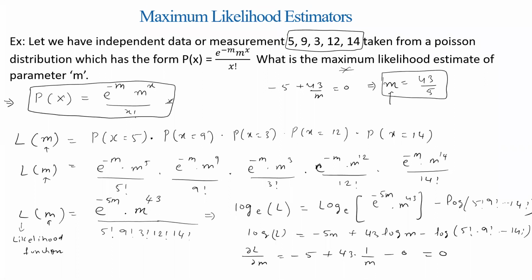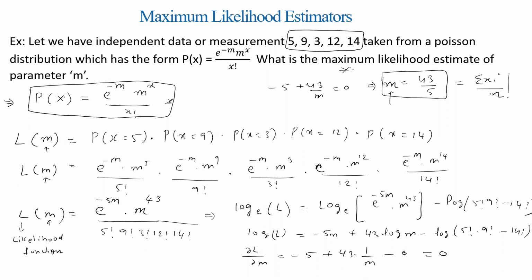If you just look at the value of m, what you have got here, your value of m is nothing but the summation of all these terms, 5 plus 9 plus 3 plus 12 plus 14. So this is nothing but the summation of all the data set divided by 1, 2, 3, 4, 5, the total number of data.